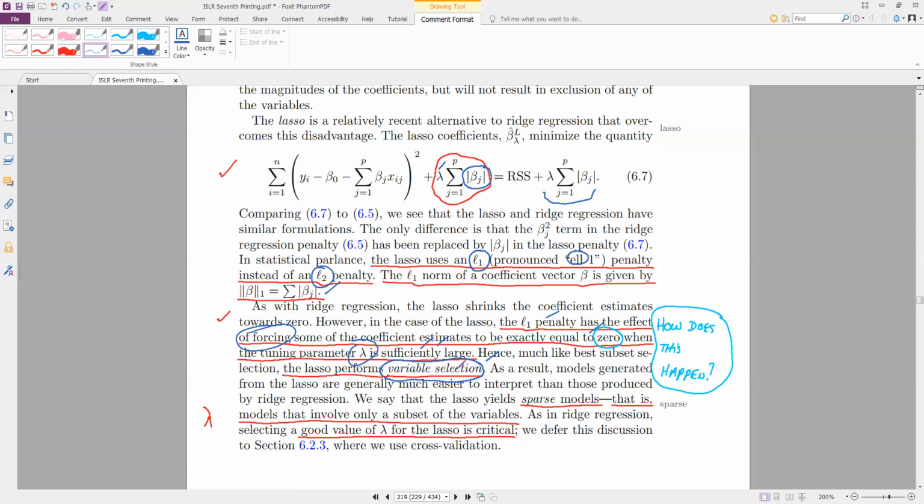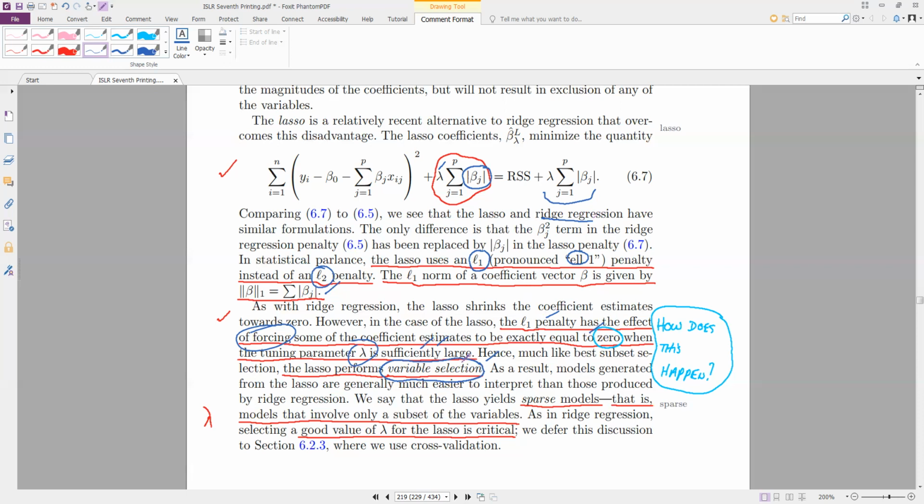But where lasso comes in handy is that lasso forces them to 0, so it kind of clarifies it a little bit more. But I just want to point out that the argument that you have to have the coefficient exactly equal to 0, you don't have to. You can still have it approximately equal to 0, but still perform model selection or predictor selection with ridge.